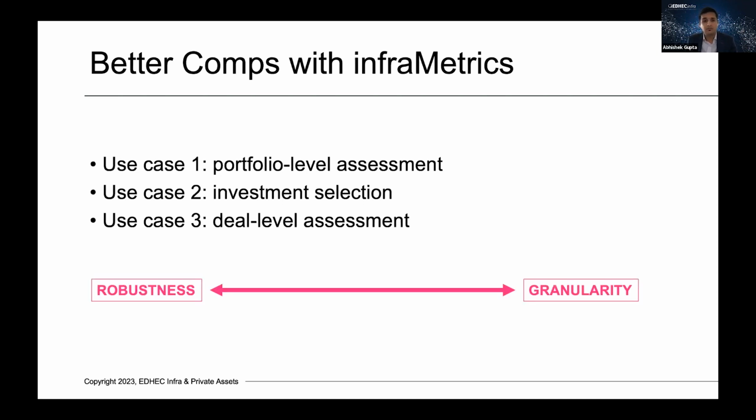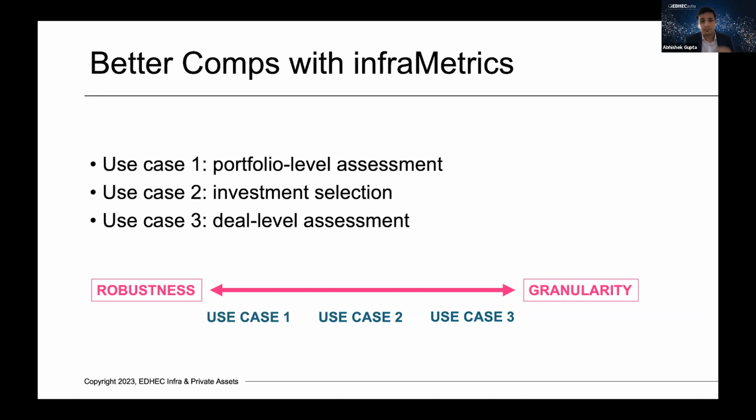So if you see these 3 use cases and you think about the spectrum that we were talking about, the trade-off between granularity and robustness, these 3 use cases lie along the spectrum. The first use case is really about finding the robust data so that you can compare your portfolio against that robust data, and that's the representative set of the market.